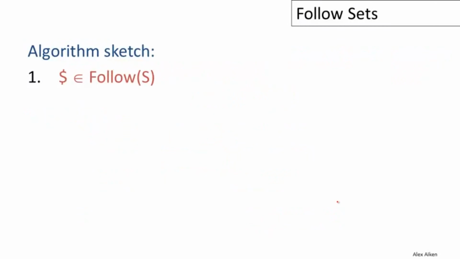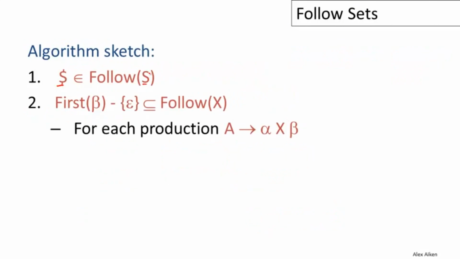So now let's take a look at a sketch of the algorithm for computing follow sets. As we just said, the $ is in the follow of the start symbol. And now we take a look at each production. A goes to alpha X beta, and we're focusing here on the X. So we look at every production and every symbol on the right-hand side of that production.